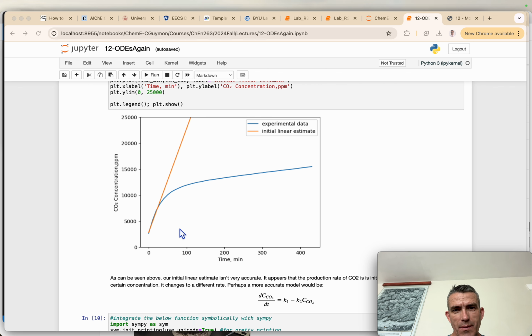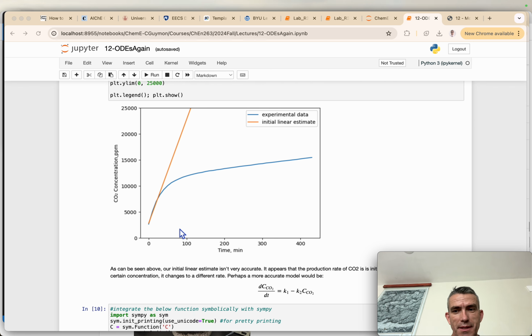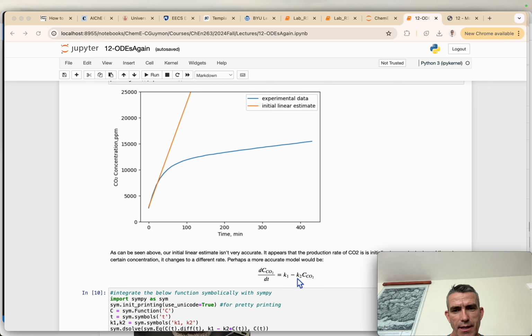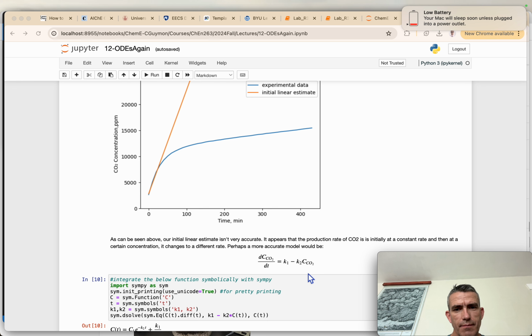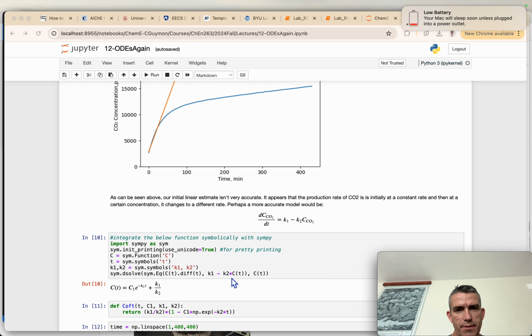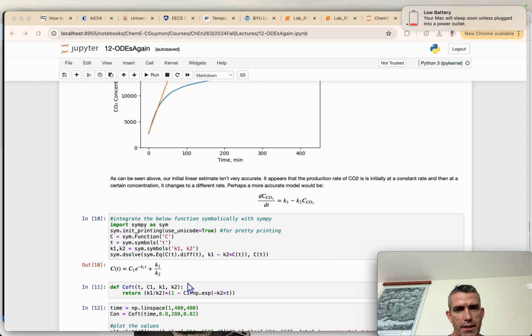So what's a better model? Perhaps the CO2 concentration increasing affects the rate that the bacteria produce that CO2, and that appears to be what happens. And so I've added in here a term that reduces the rate of production of CO2 based on the concentration of that CO2. And we'll just solve this analytically with SymPy. It's a fairly straightforward integral, but there it is.